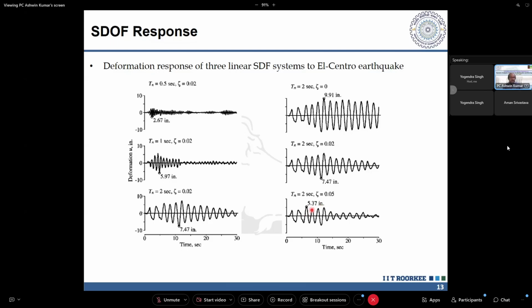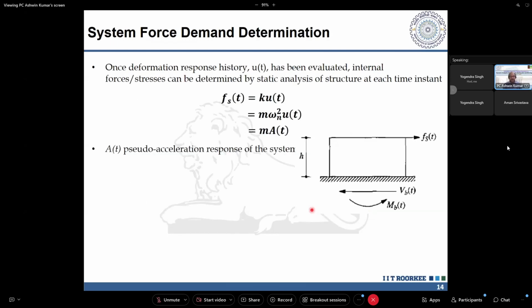So you see two aspects. If the system becomes flexible, the deformation increases. If the damping ratio increases, the response decreases. I hope it is absolutely clear to you now. So what can we do with this peak response? As I said, as engineers, we are more interested in the peak response, even if it is a static force or a dynamic force acting on the system. We are interested only in the peak value so that we can design the structure to cater to that particular force.